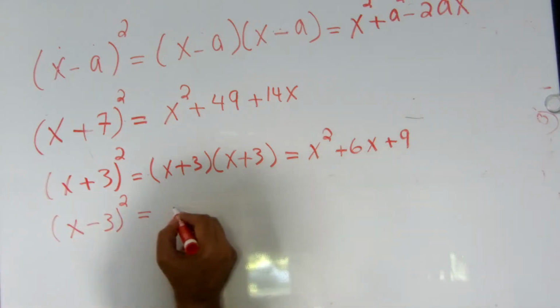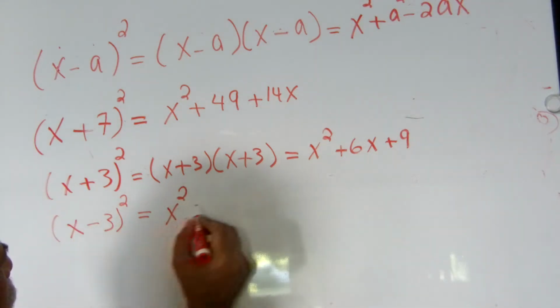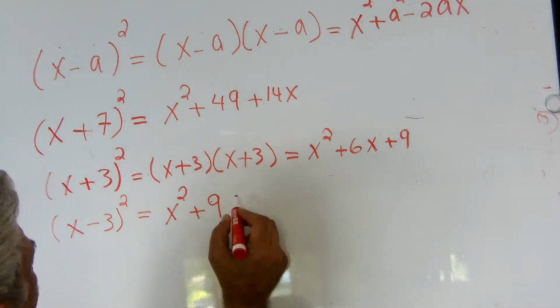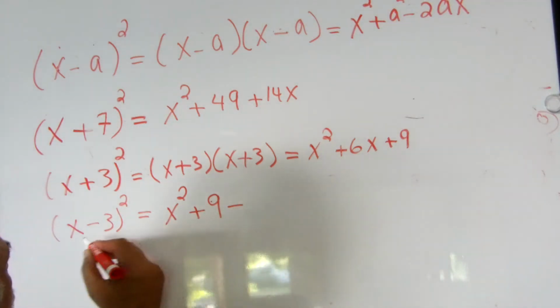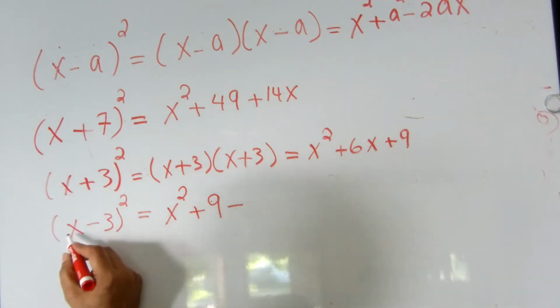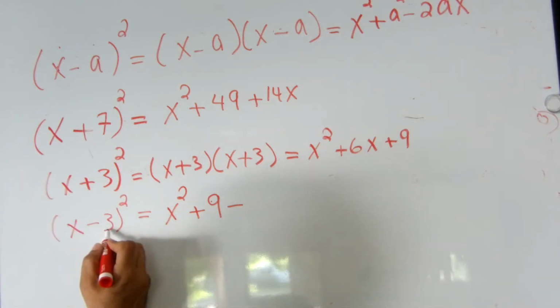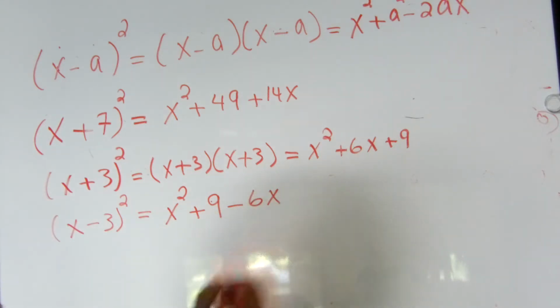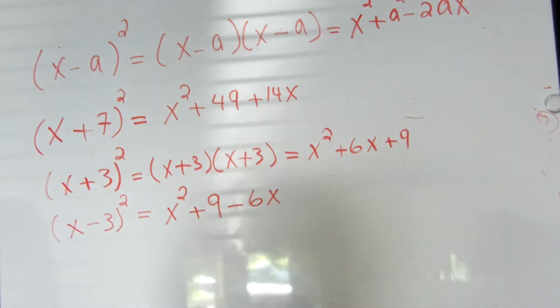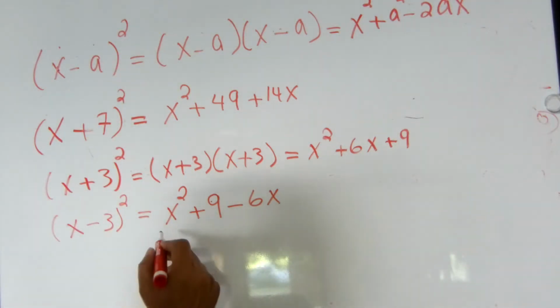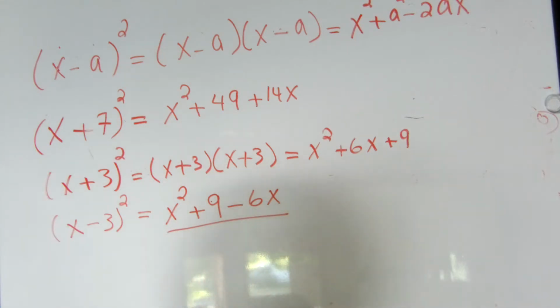We square this one and then plus square the second one, which is 9, and then minus 2 times x times this one, which means minus 6x. Okay, we can write it like this.